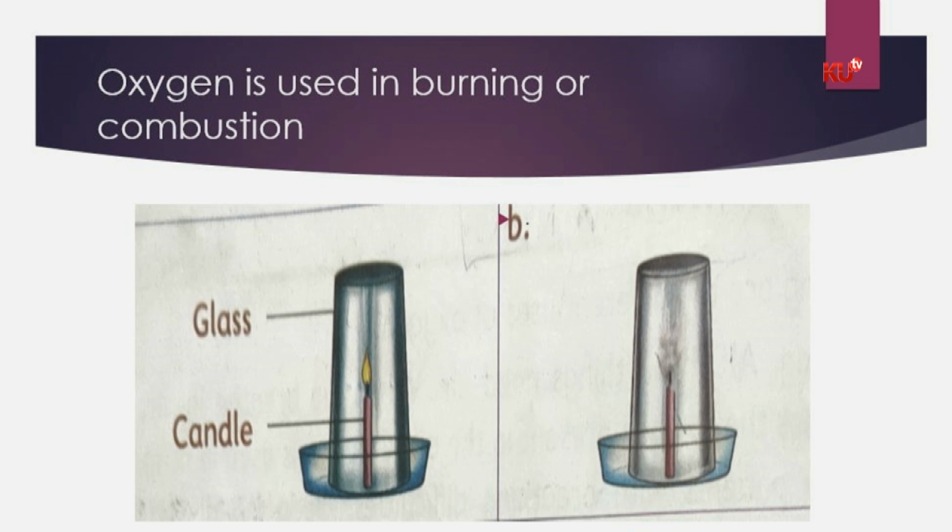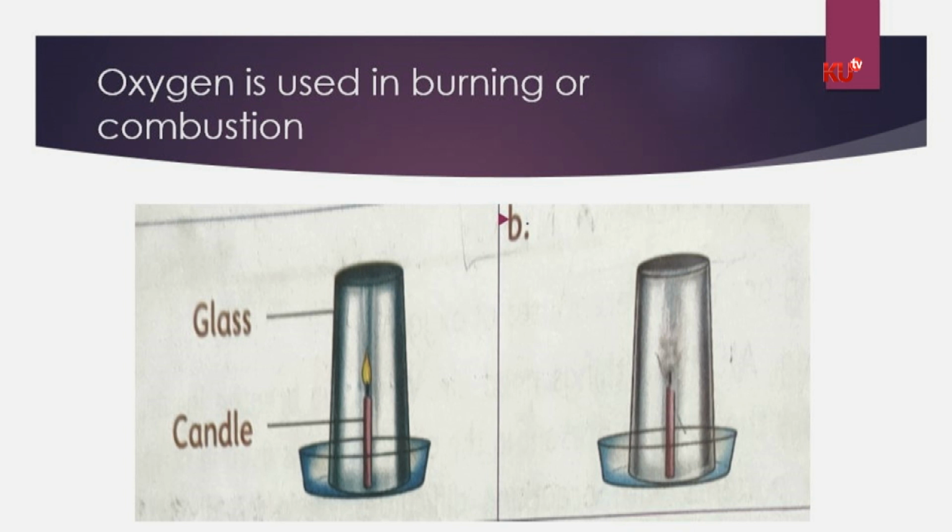In that diagram, the first one that you see, we shall have that experiment later in another lesson, but now just to explain, we can see something like a trough or a basin. We have a glass, and inside that glass we have a candle. That candle has been lit. It has some flames or fire.